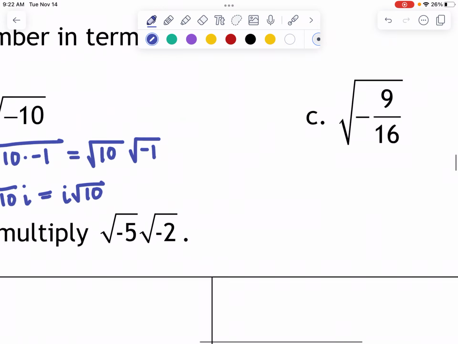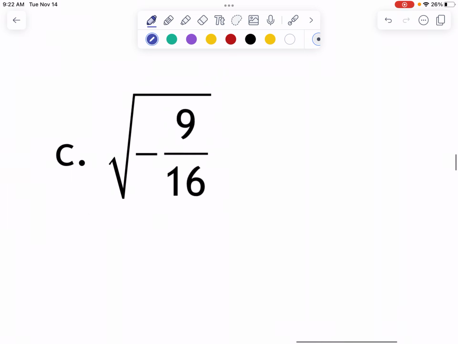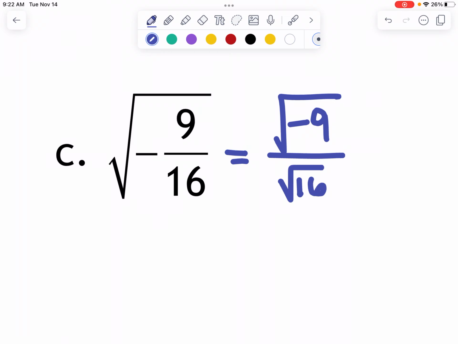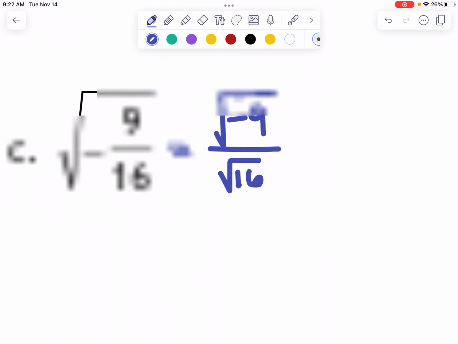All right, and then last but not least for this section, I have the square root of negative 9/16. Go ahead and pause the video and we'll compare in just a second. All right, welcome back. I'm going to rewrite this as the square root of negative 9 divided by the square root of 16. Because if I am dividing two things in one square root house, I can break them up into their own individual square root houses.